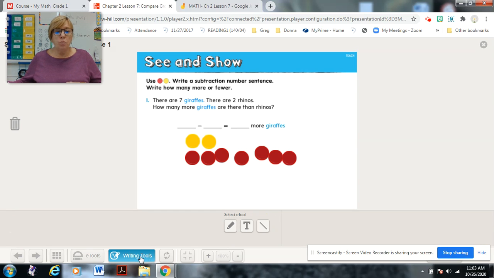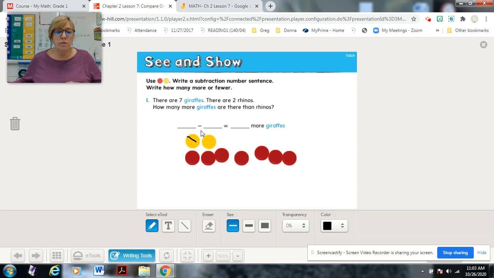Okay. So once again, they have X'd out the circles to show that they're the same quantity here and here, okay? So we started with 7. How many rhinos? There are 2. How many more giraffes?